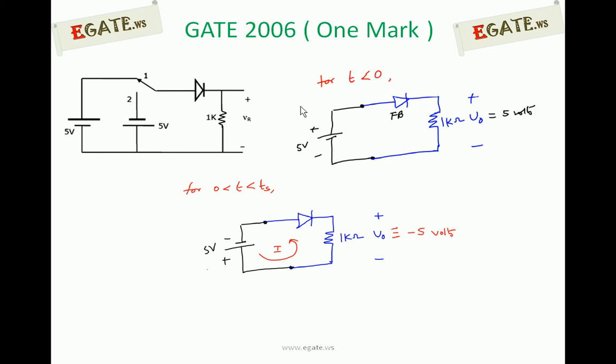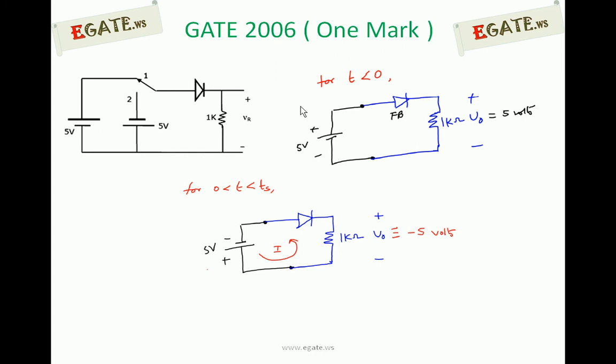For 0 to Ts, the voltage applied to the diode is minus 5 volts and the diode is reverse biased. Now the current flows from N to P, but since it is in conduction state during storage time, the current through this resistor is calculated as 5 volts by 1 kilo ohm, which is 5 milliamperes, and the voltage drop across that resistor is minus 5 volts.